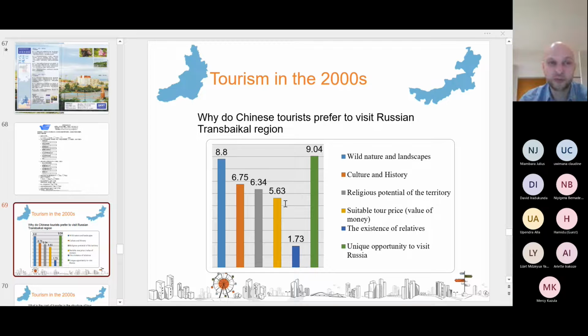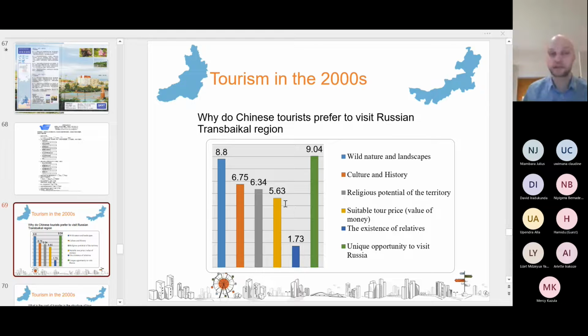A lot of Chinese companies who were local operators started redirecting the tour flows from tourists who arrived to the Chinese northern regions, who were given an opportunity to obtain a single foreign passport to visit Russia. So it was quite a unique opportunity, especially for Chinese, because in China it's really hard to obtain a passport that allows you to go abroad.